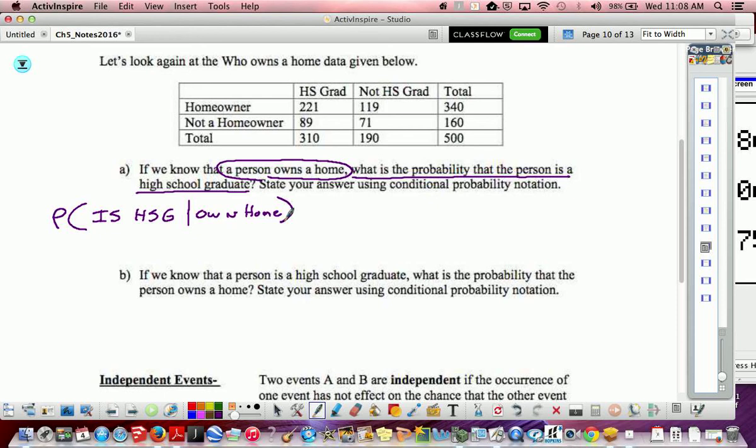So if I'm using the formula to calculate this out, what I'm looking at is the probability that they're a high school grad and own a home, over the probability that they just own a home.